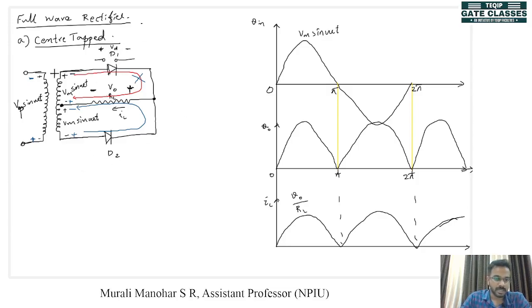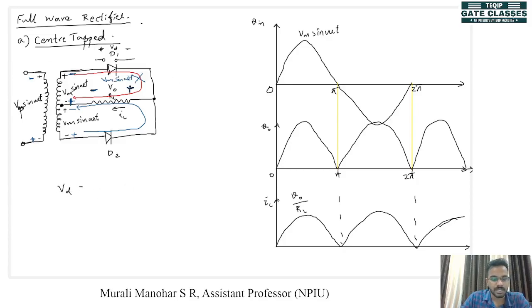Now if you look at the circuit, diode D1 will not be conducting during the negative half cycle. So during the negative half cycle, our supply will be like this, plus minus Vm sin omega t. Then again you will have a minus plus Vm sin omega t here, because that is the output.